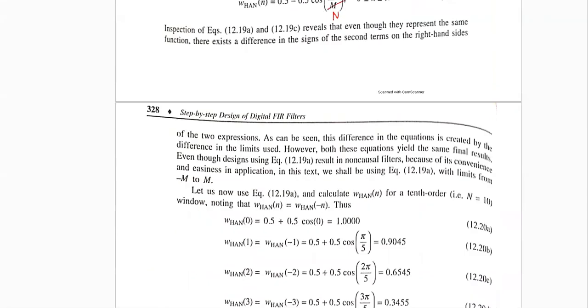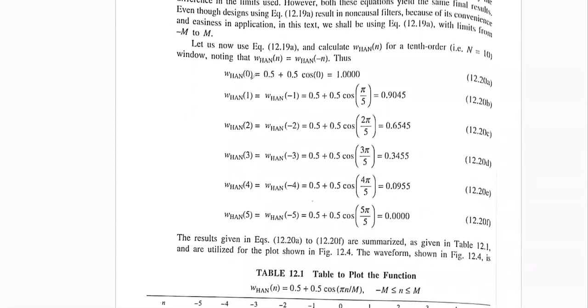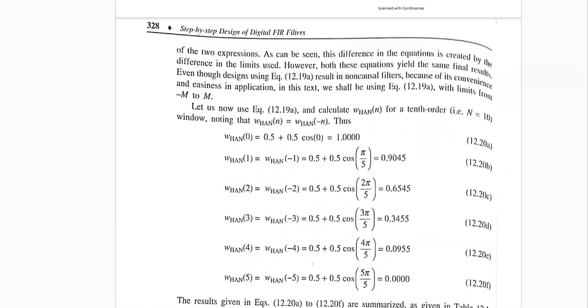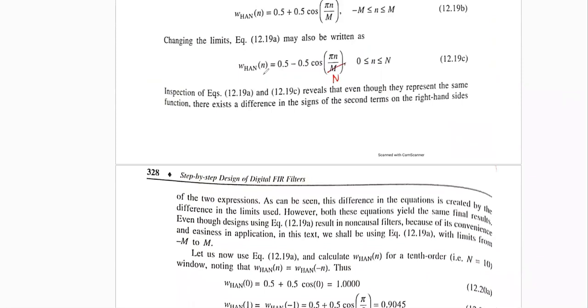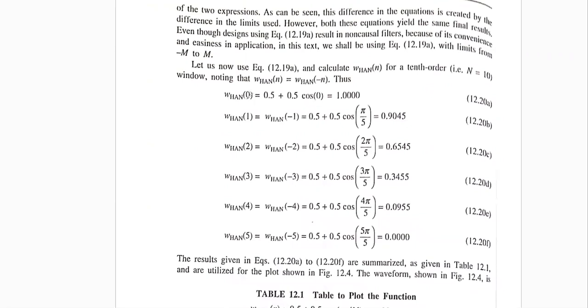Let me give you this example. For 0, that means small n equals 0, it correlates with H0. Ultimately, we need it for H0. This value is H1.